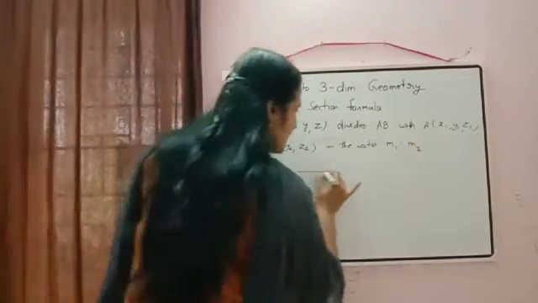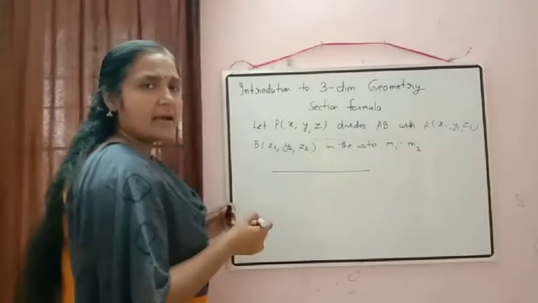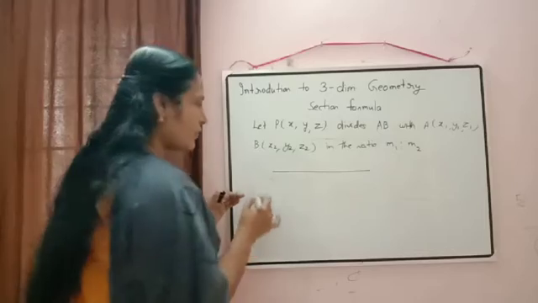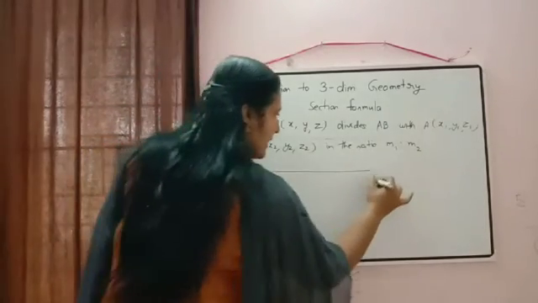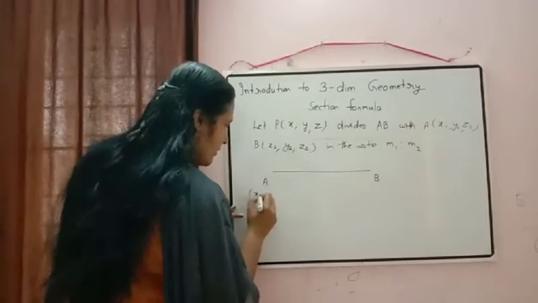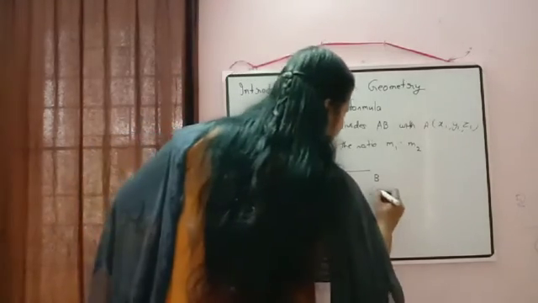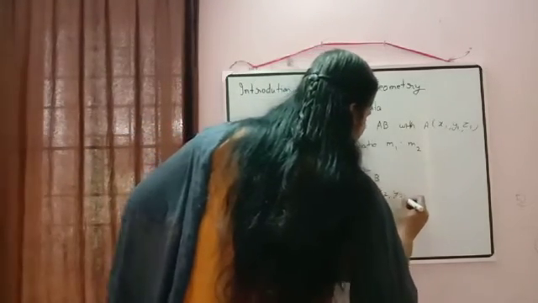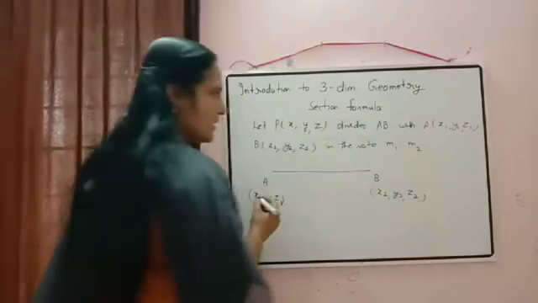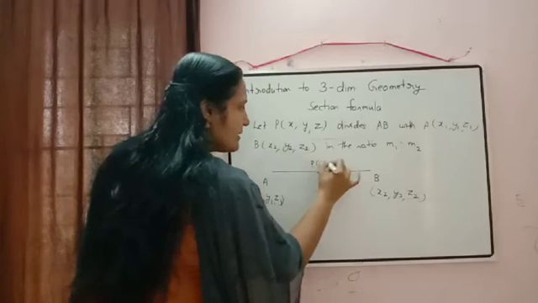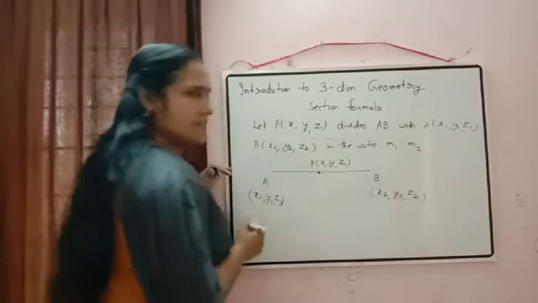Just draw the diagram also. If you draw a diagram in this type of question, then the calculation will also be easy for you. Here we can mark A and B. Write down the coordinates of A as x1, y1, z1, and B as x2, y2, z2. Now a point P is there whose coordinates are x, y, z.